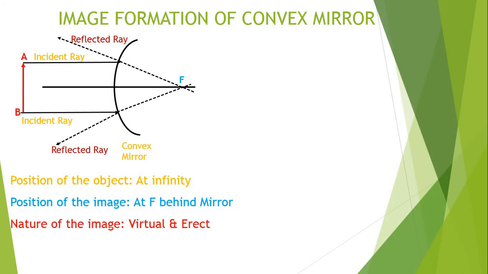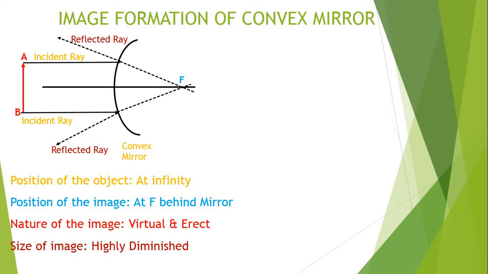The image that you get here is virtual and erect. It means your image will be formed above the principal axis, and the size of the image will be highly diminished, meaning very small. This is the first case for the image formation of a convex mirror.